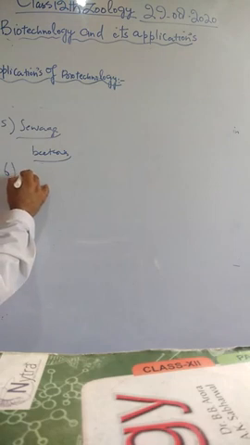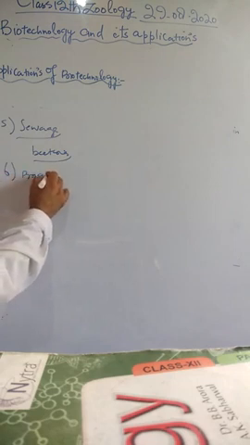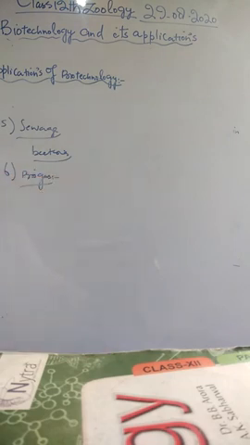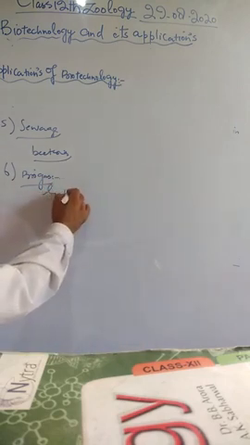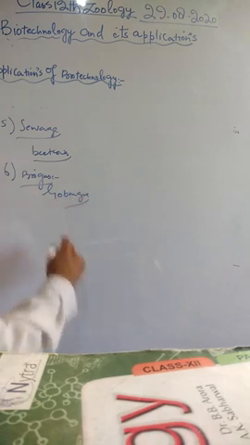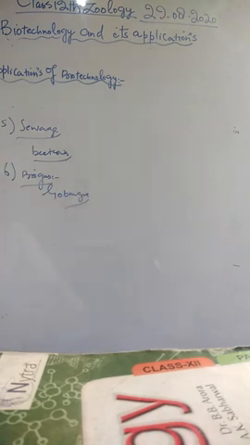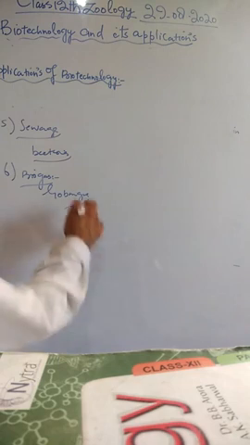One more field is biogas production. For example, gobar gas manufacture involves the applications of biotechnology. This gobar gas is produced by fermentation of cow dung.